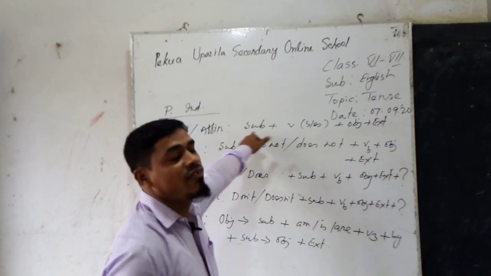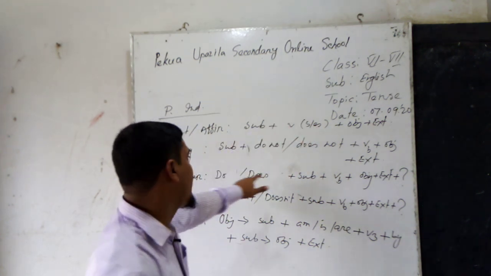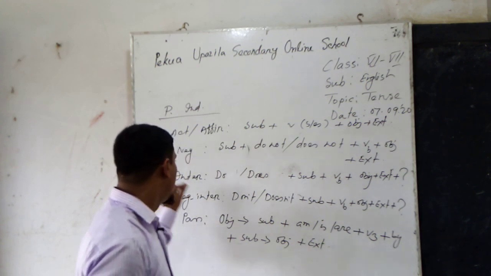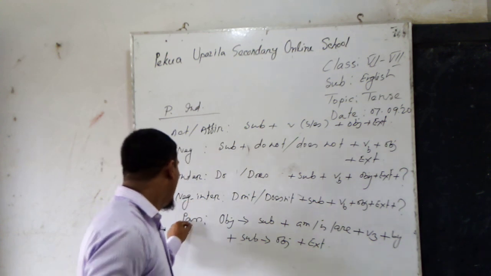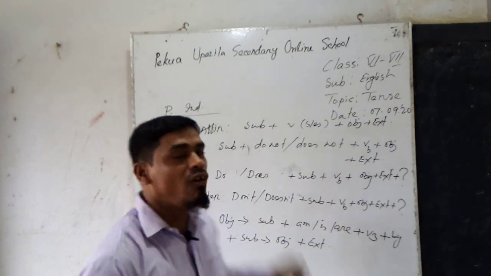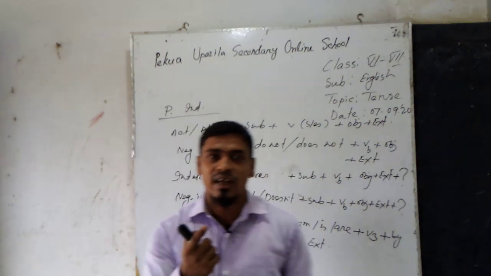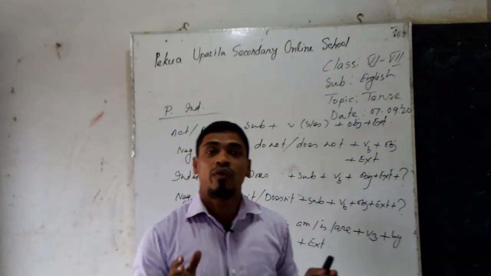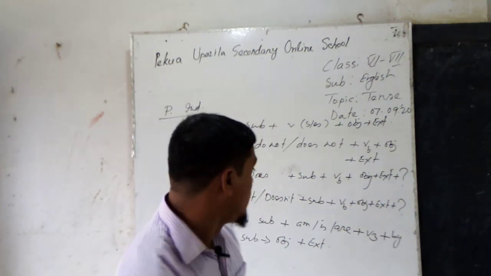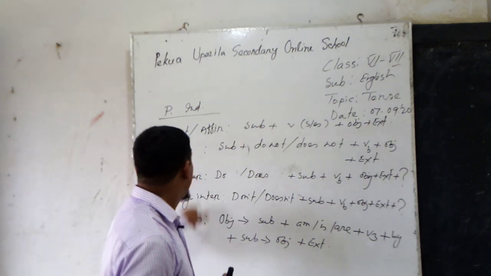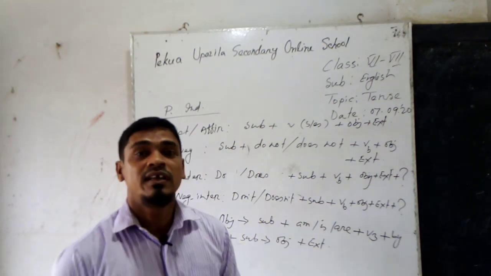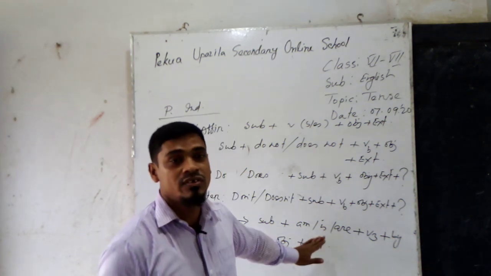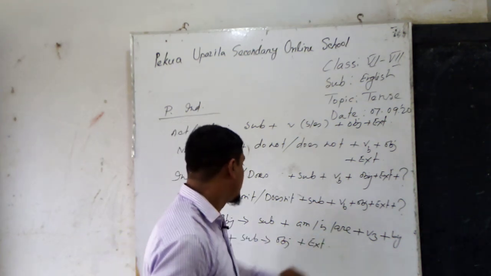Active or affirmative structure of present indefinite, negative structure, interrogative structure, negative interrogative structure, passive structure. Only one tense we learn today, present indefinite. We discussed five structures. The first and the last should be very different, but you have to be very careful about this structure.